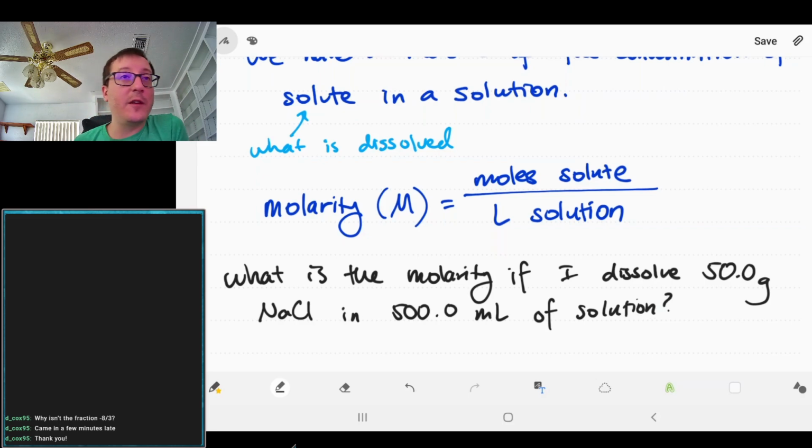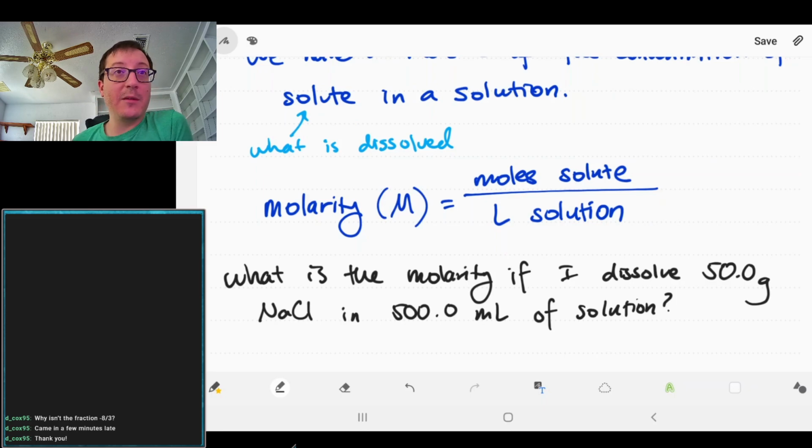if I take 50 grams of salt, sodium chloride, and dissolve it to 500 mLs, we can figure out its molarity. For molarity, we need moles and liters.